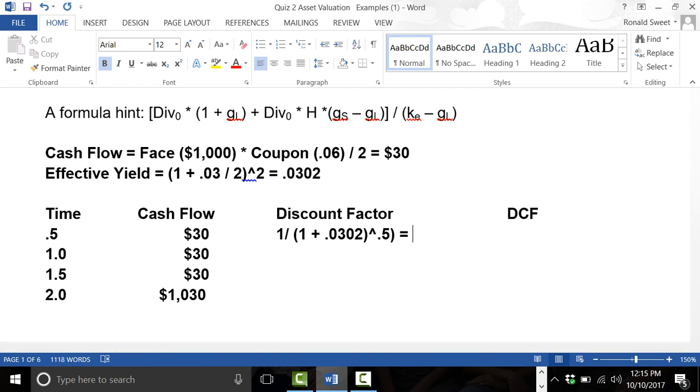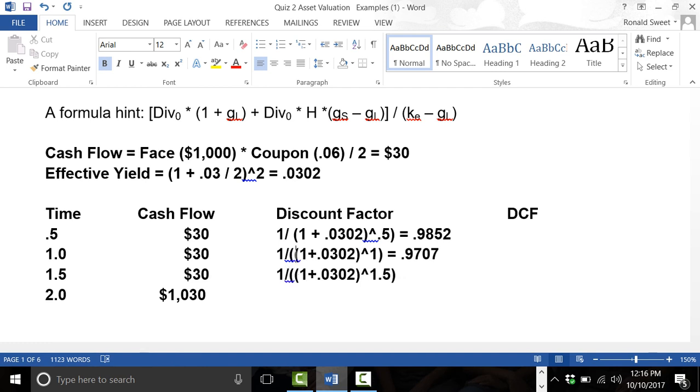That equals 0.9852. The next time we do 1 divided by 1 plus 0.0302 raised to the first, and that equals 0.9707. The next one, we take 1 divided by 1 plus 0.0302 raised to the 1.5. I don't have enough parentheses here, so let me fix that.